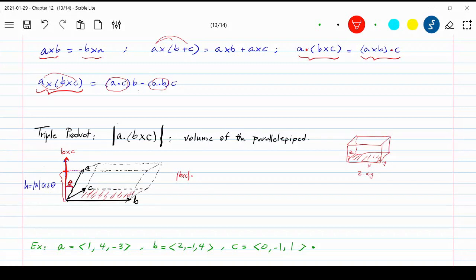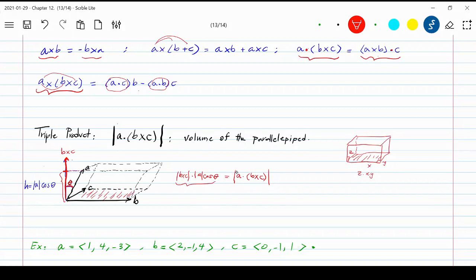So if I want to multiply this by magnitude A cosine theta, this is basically A dot B cross C. Because A dot B cross C would be magnitude A times magnitude B cross C multiplied by the cosine of the angle between, which is exactly what we have.